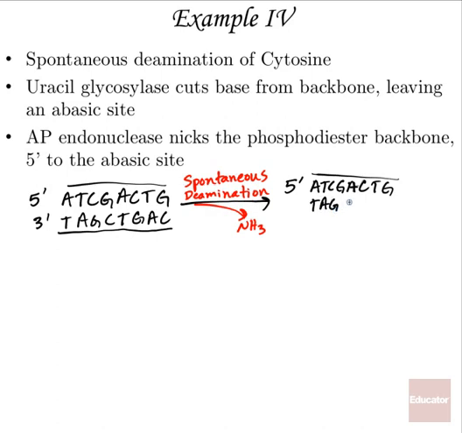Let's say this C was the one that got deaminated. Remember, I told you before that C can be deaminated to a U. So this is T, G, A, C.